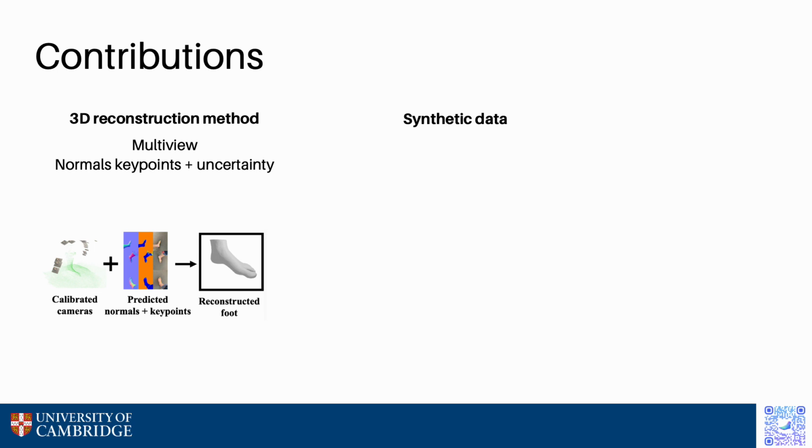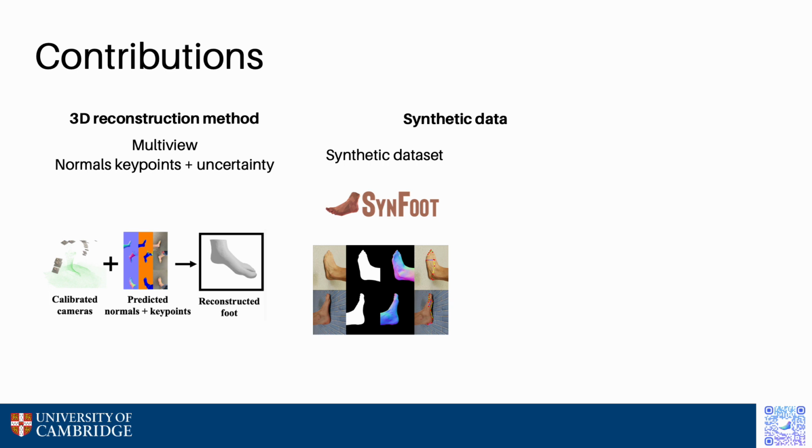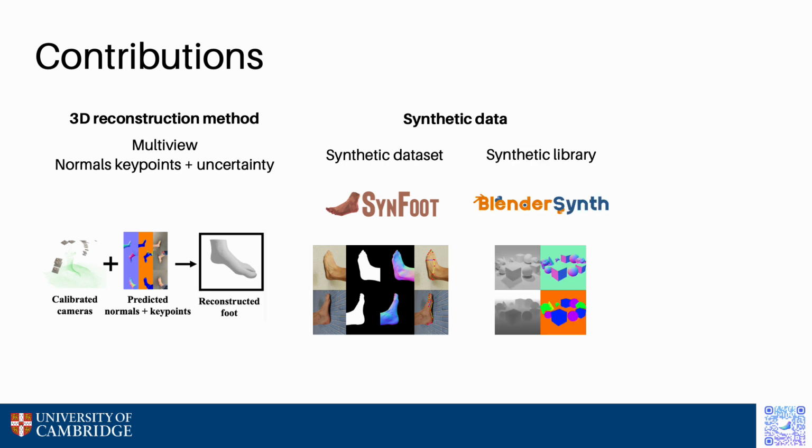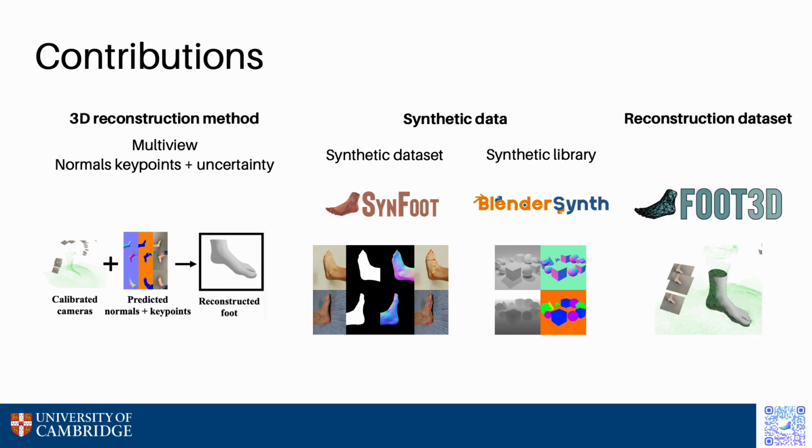As such, we release a synthetic dataset of 50,000 foot images, alongside our custom Python library used for rendering these images in Blender. Finally, to effectively evaluate our method, we release a benchmark foot 3D reconstruction dataset containing paired high-resolution 3D scans and calibrated 2D images.